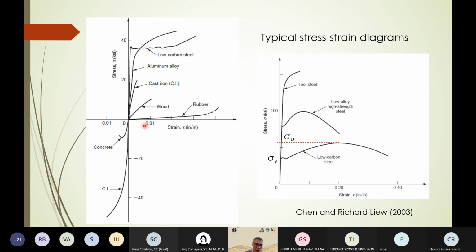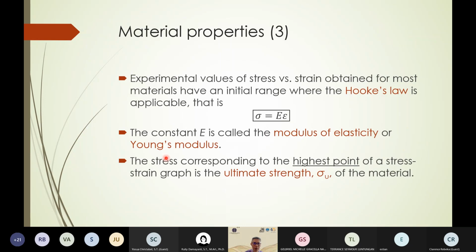For example, for steel, low carbon steel like this, first it will be linear elastic. After reaching a value, it will be flat like this, which is called yielding, and then this is strain hardening. For wood, maybe here we don't have bamboo, but I think bamboo is similar to wood, right? It is like this, with no yielding, mostly linear elastic, and then rubber and so on. This is what we should know in order to analyze a structure.